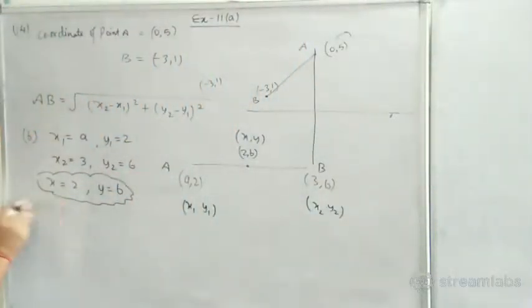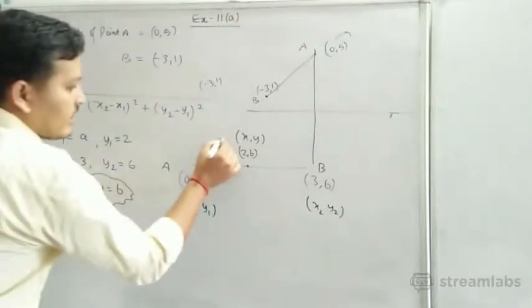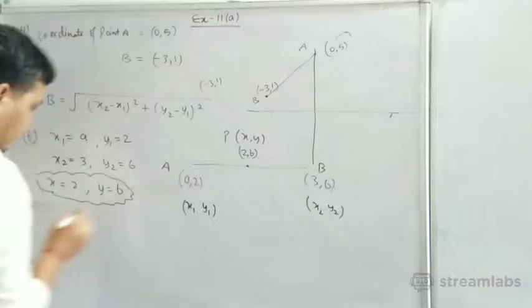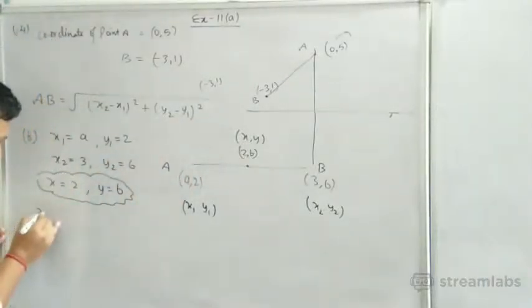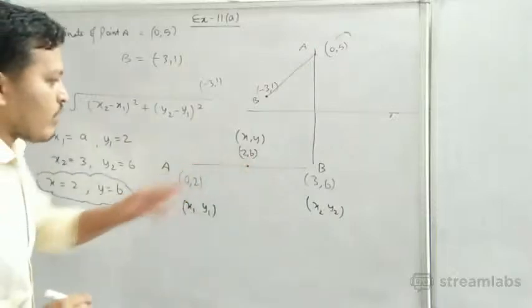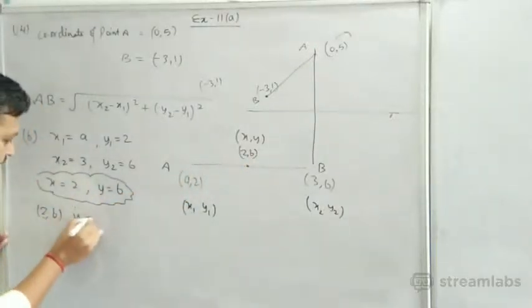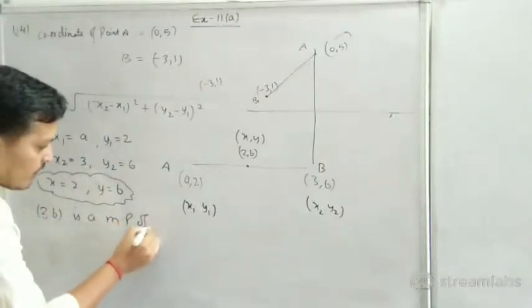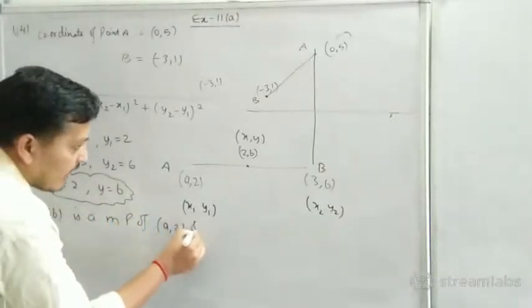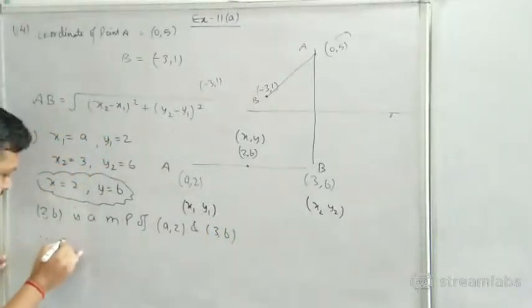Let the midpoint be P. X is equal to, what is the value of x? Since 2 comma B is the midpoint of A comma 2 and 3 comma 6, what is the value of x?